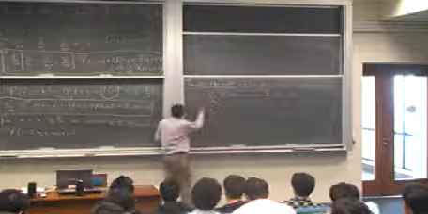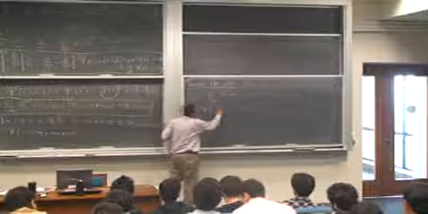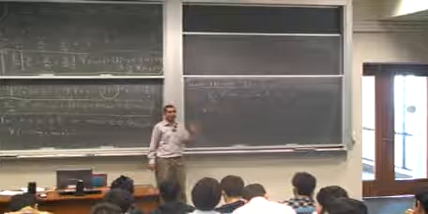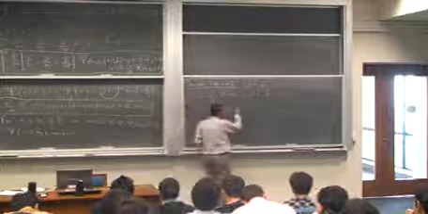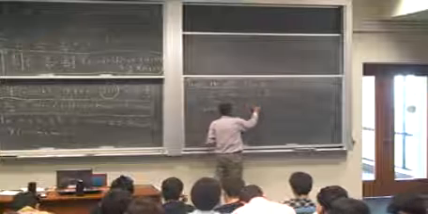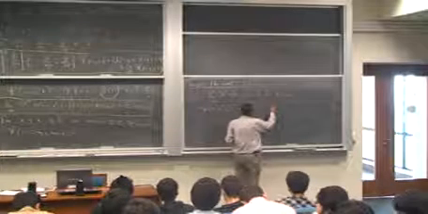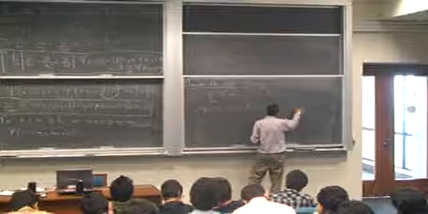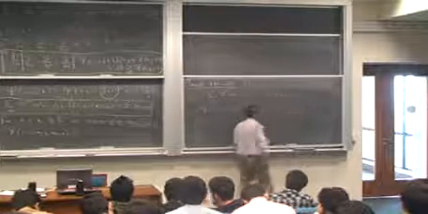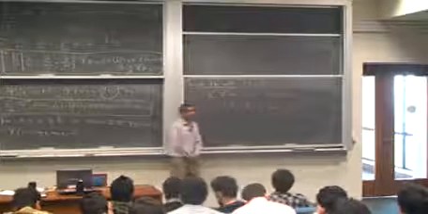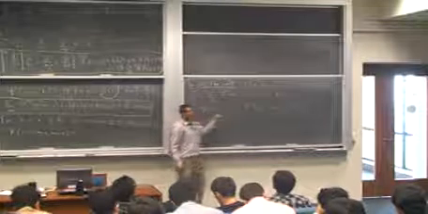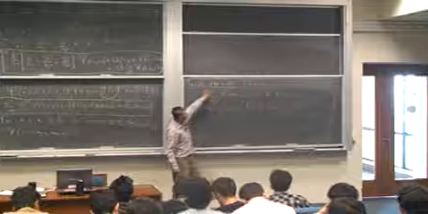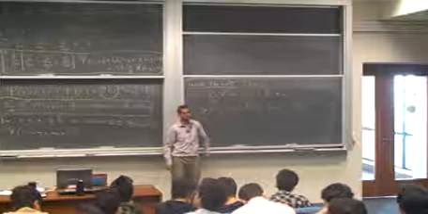We suppose that our wave function, which depends upon x, y and z, is a product of a function which depends only on x, a function only on y, and a function only on z. So we make this assumption and substitute this wave function into the time independent Schrodinger equation.